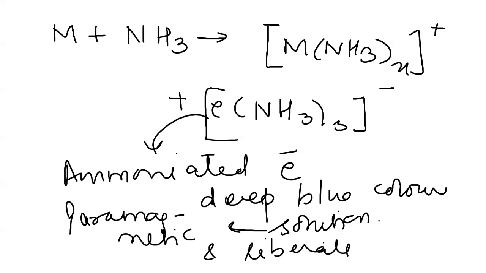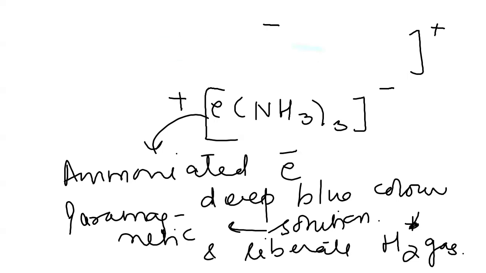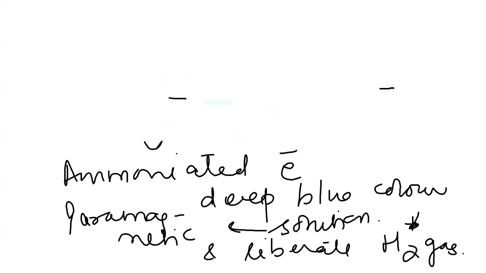And they liberate hydrogen gas. So these solutions continuously liberate hydrogen, and we get, in this case, metal amide.